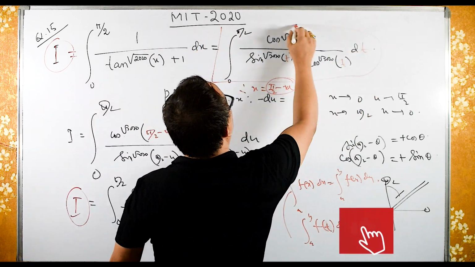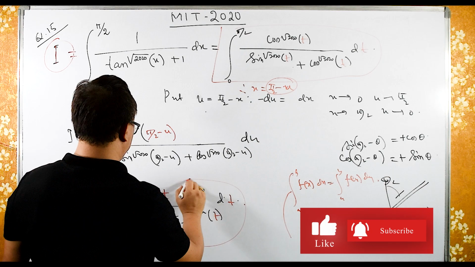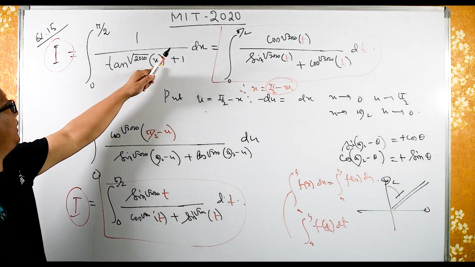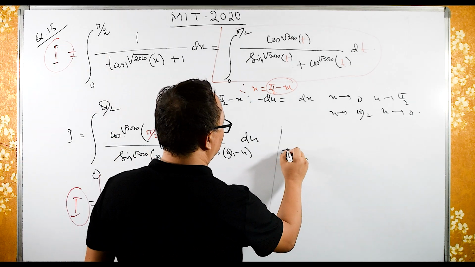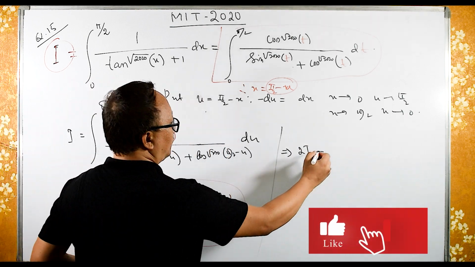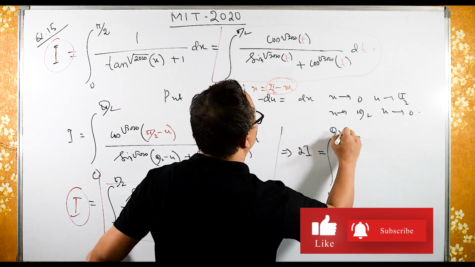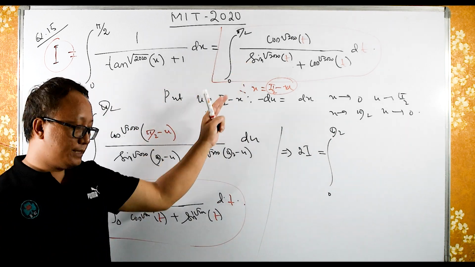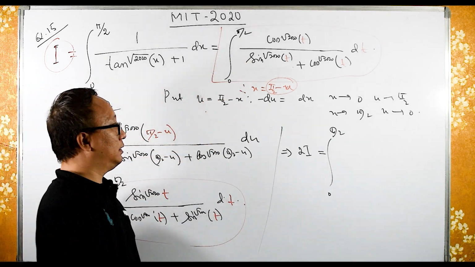Now if I add these two, what will we get on the left hand side? We will get twice I. On the right hand side we get the integral from 0 to pi by 2, where the denominators are the same.